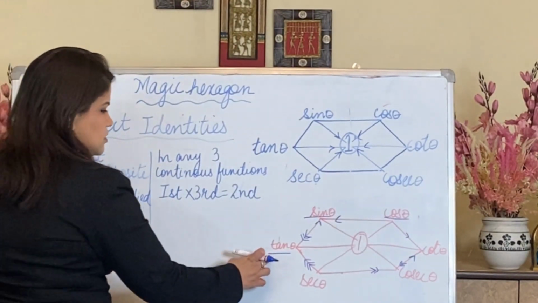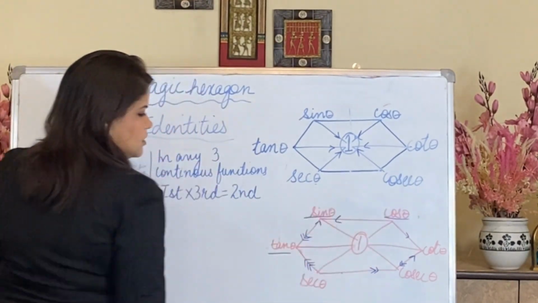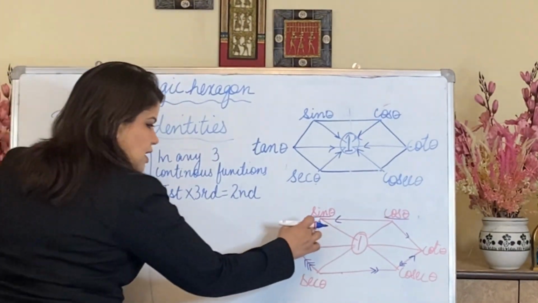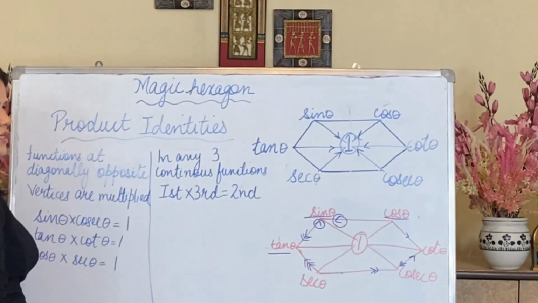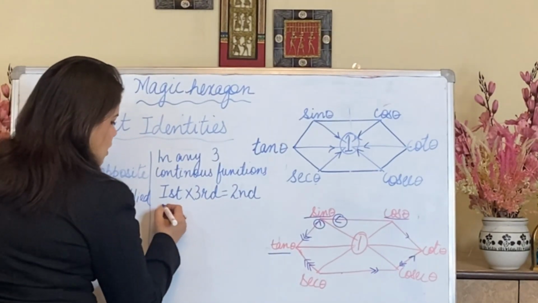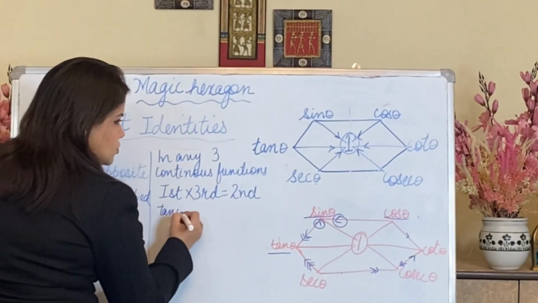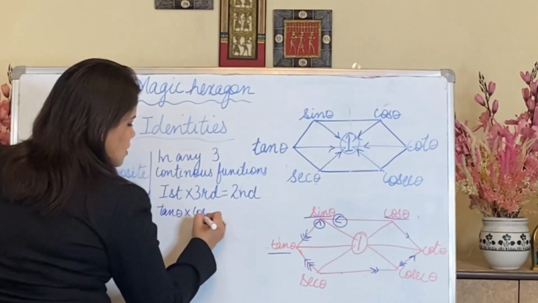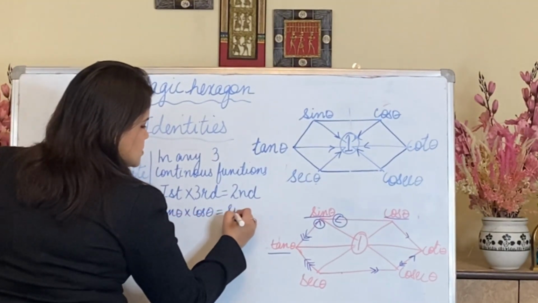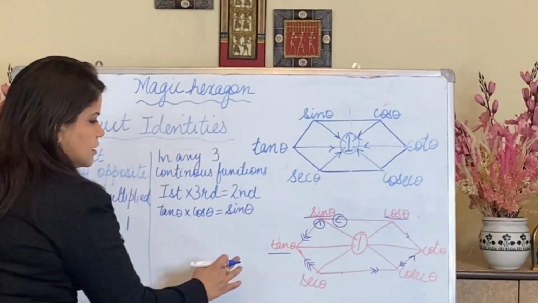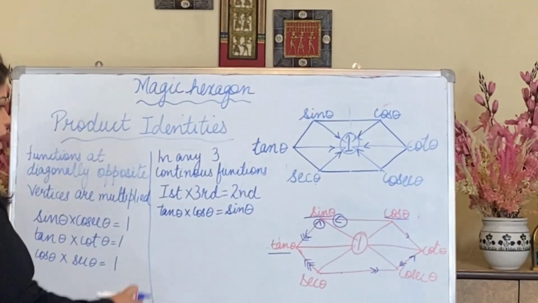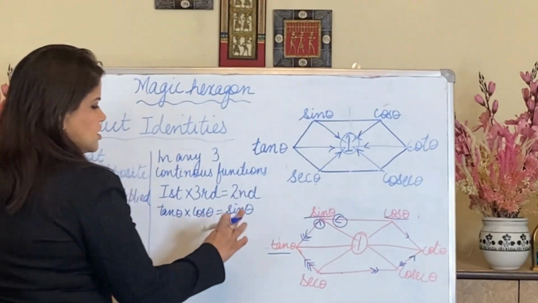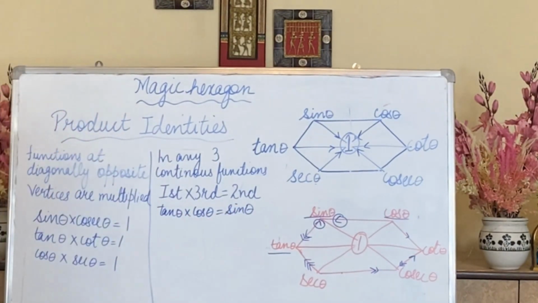This is first, this is second, this is third. Can you see this arrow? From this I am getting tan theta into cos theta is equal to sine theta. Can you see that? Tan is going towards sine, cos is coming towards sine. So tan theta into cos theta is equal to sine theta.